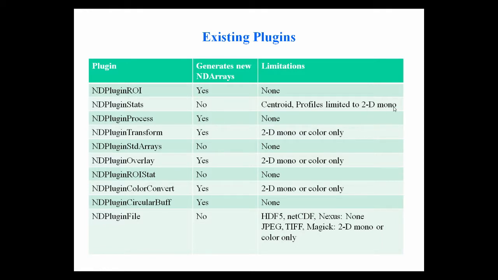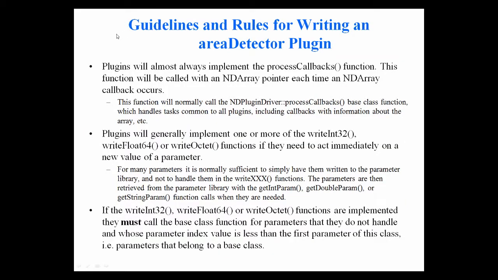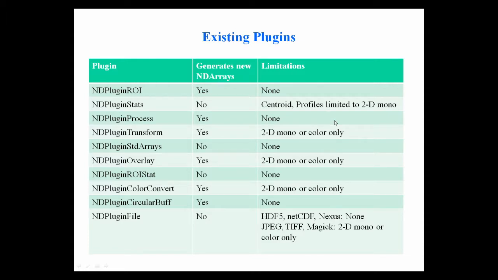The simple statistics like the minimum, maximum, mean, and the pixel location of those are general, but the centroid and the profiles are limited to two-dimensional mono images, not color and not n-dimensional. The processing plugin generates new arrays, and it also doesn't have any limitations on the input array dimensions or data types.